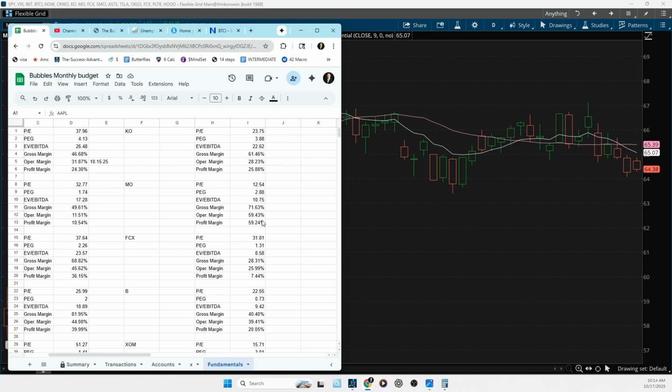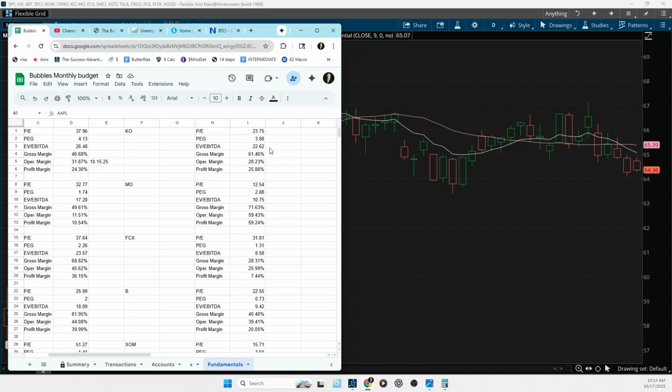MO, super profitable. I gotta add the dividend. My apologies. I still haven't added the dividend, and that actually is a pretty big decision maker, especially for these two since they're dividend kings. And I think MO, almost any price right now is a pretty good deal, actually.